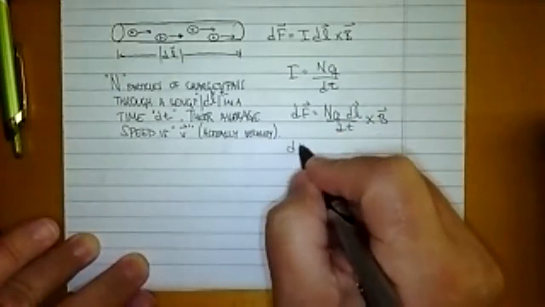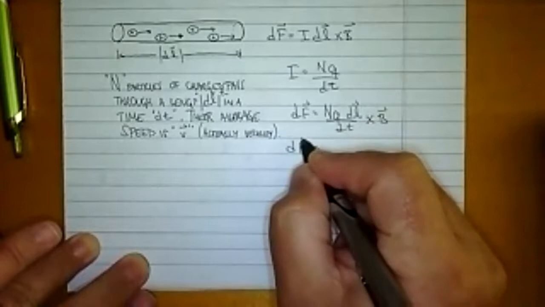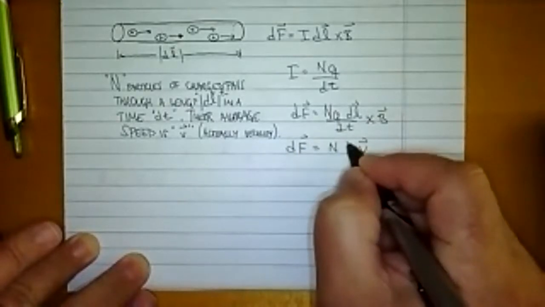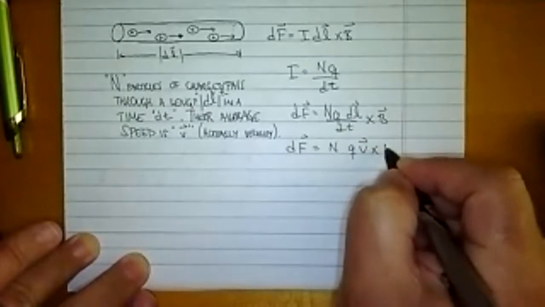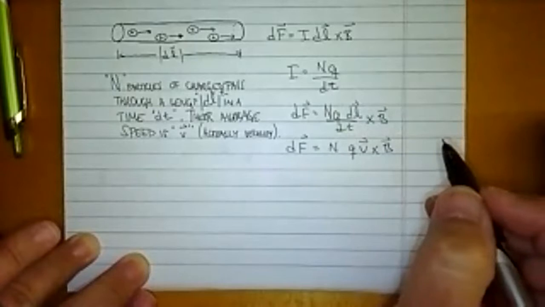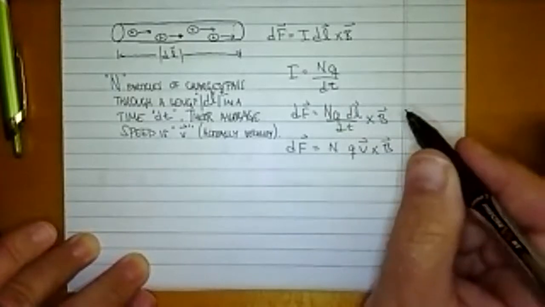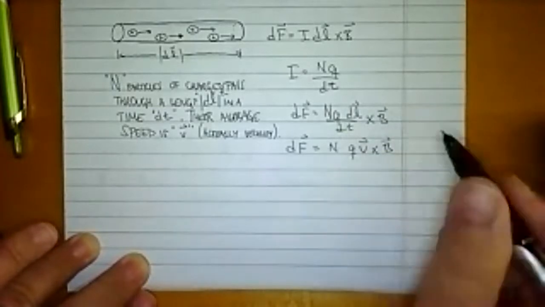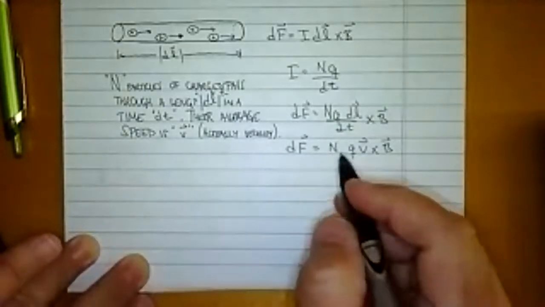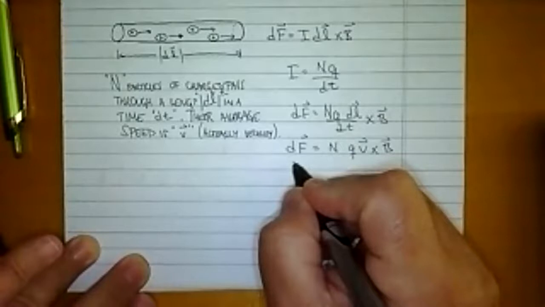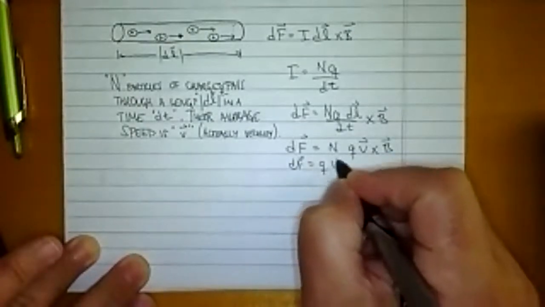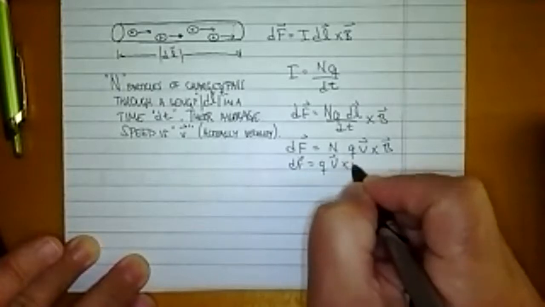So I'd get that dF is actually equal to N times qv crossed with B, because dl over dt is velocity. Now we want the force on a single charge q, so we might as well divide that through by N, and we get that in fact this differential force dF is just qv cross B.